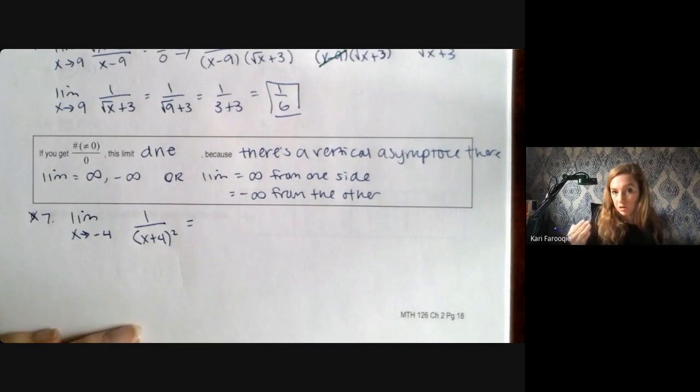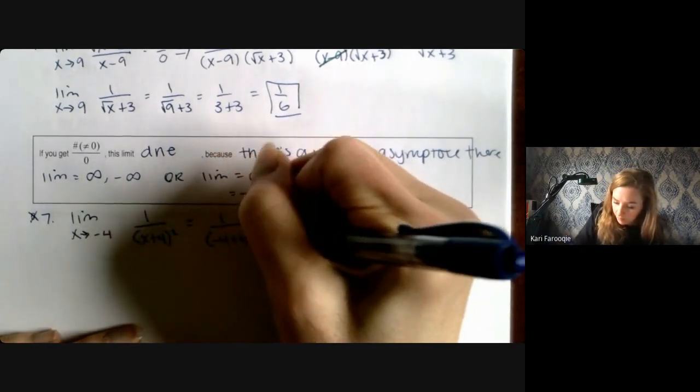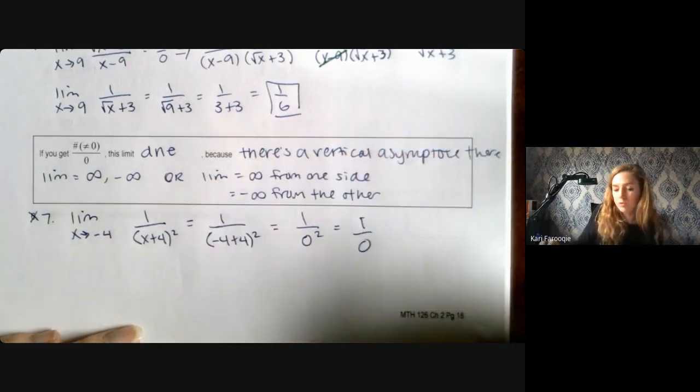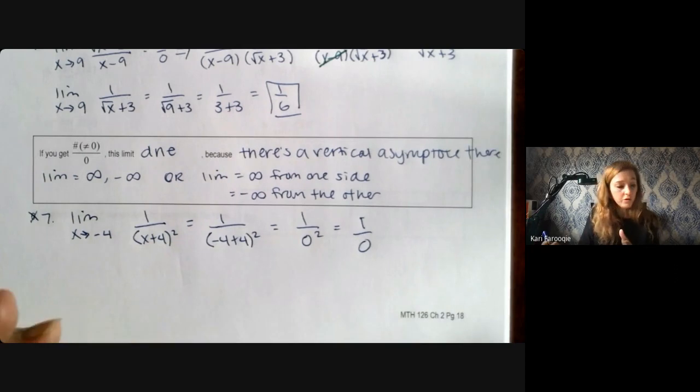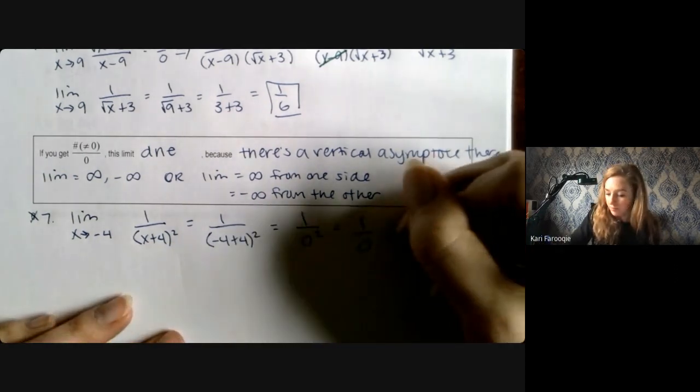It's just going to tell us the limit does not exist. We need to figure out, though, what those limits are. So when you use direct substitution, -4 plus 4 is 0, and you end up with 1 over 0. Now, 1 over 0 just means the limit does not exist. The function's undefined.